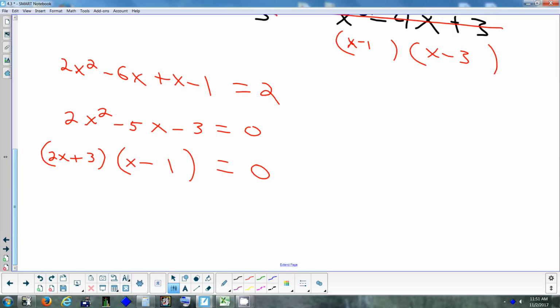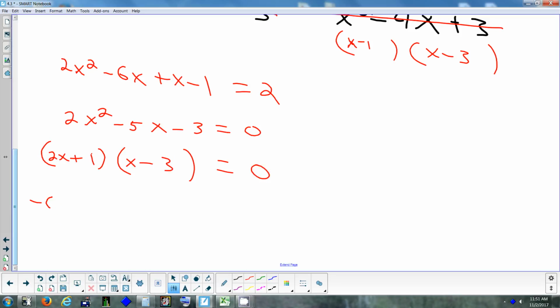Let's try it. 2x times negative 1 is negative 2x. 3 times x is a plus 3x. Didn't quite give me what I wanted. So why don't we try switching the numbers and see what happens there. So let's try 2x plus 1, and try 3.